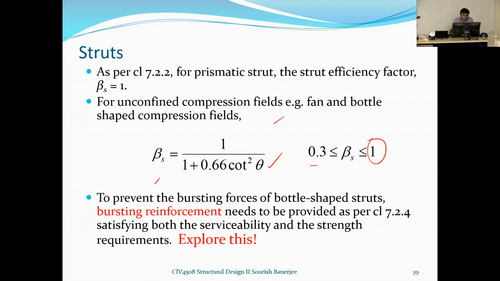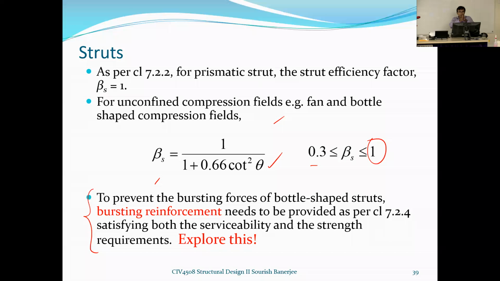Now, to prevent the bursting forces of bottle-shaped struts, bursting reinforcement needs to be provided as per clause 7.2.4, satisfying both the serviceability and strength requirements. This is very important. We'll talk about that later in this module, but this is very important to note. That's what I was talking about before.